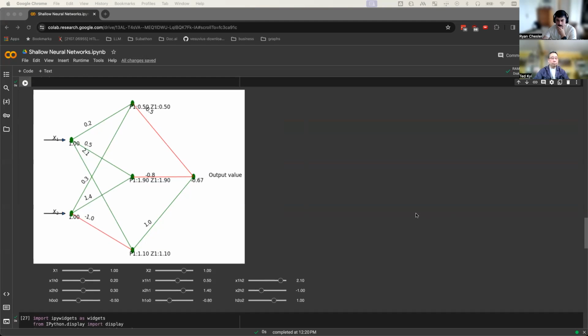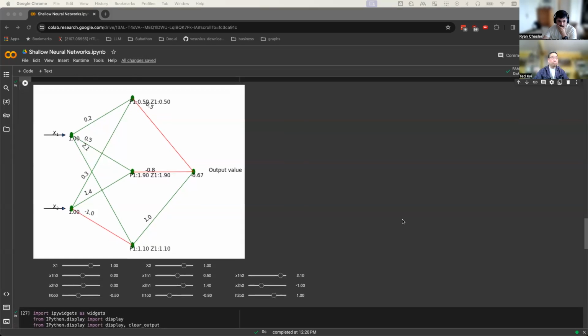So I'm assuming the hidden unit two, the ReLU is being applied there, right? On all of these. Yeah. Just the negative number there, negative 0.8. What does that correlate to? So this is the weight.